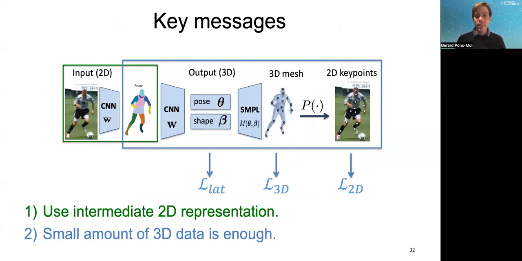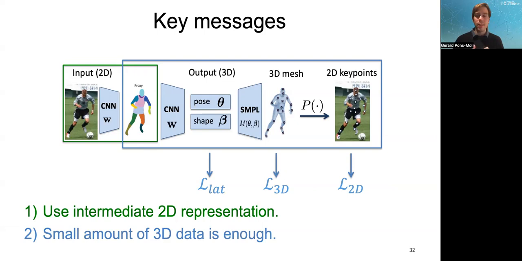All right, so the key messages after investigating these research questions are that using an intermediate 2D representation is indeed useful, and using a small amount of 3D data is enough in conjunction with 2D annotations given by key points. In all of these methods, the bad news is that things saturate at some point.